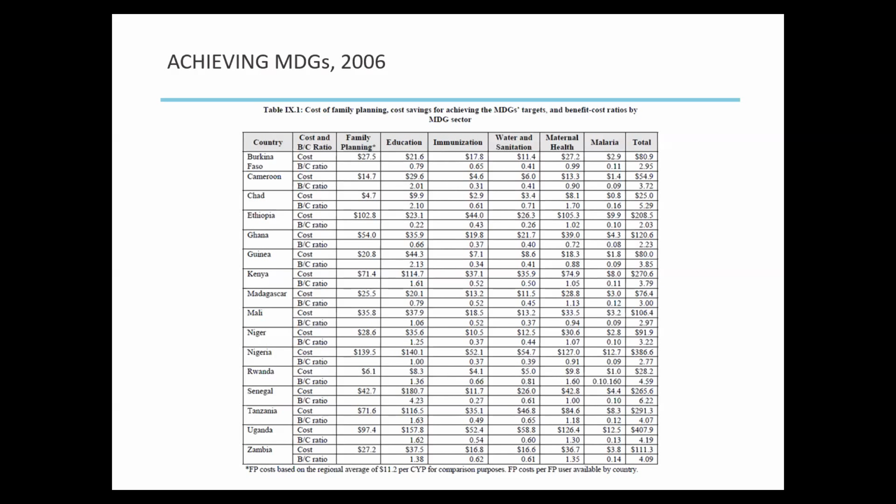water and sanitation, maternal health, and malaria. And here, again, the analysts looked at comparing a case where you would meet unmet need and then look at the impact on the cost of achieving different MDG targets in these areas. So they did use a cost here, a cost of family planning, and that's what you can see in the family planning column.